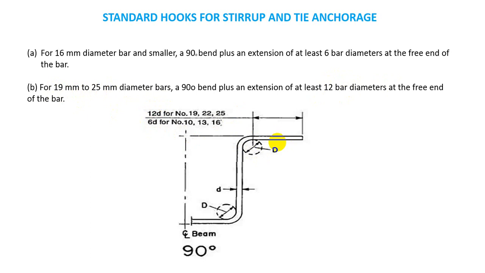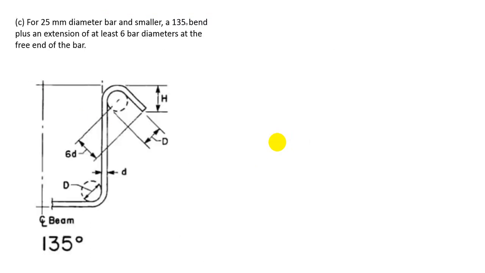So for the next condition, for 25 millimeter diameter bar and smaller, a 135-degree bend plus an extension of at least 6 bar diameters at the free end of the bar.